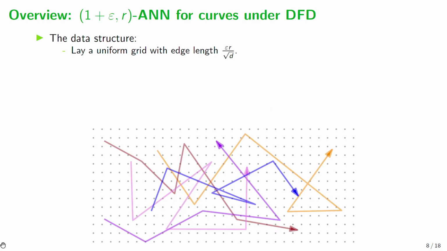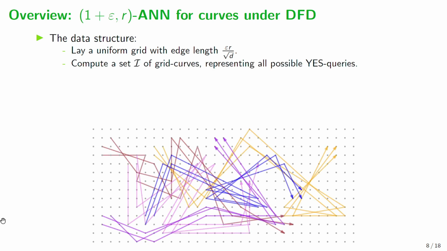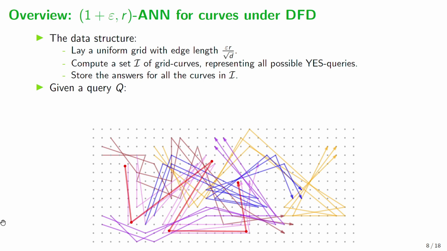The basic idea in our approach is as follows. Start by laying a uniform grid over the input curves with edge length epsilon r over square root d. Then compute a set I of grid curves representing all the possible yes queries, and store the answers for all the curves in the set I. Now, given a query Q, just snap its vertices to the grid.